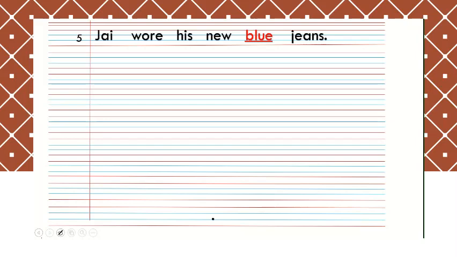Like this neatly and a full stop at the end. Number 6. Joy's mom and dad gave him a train. Underline mom and dad. Leave 1 finger space, children, and write neatly.